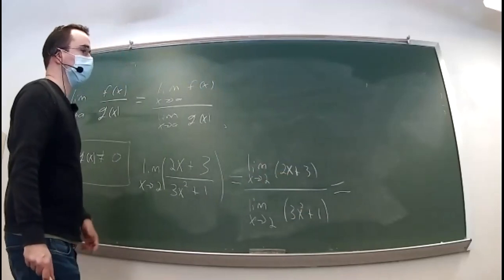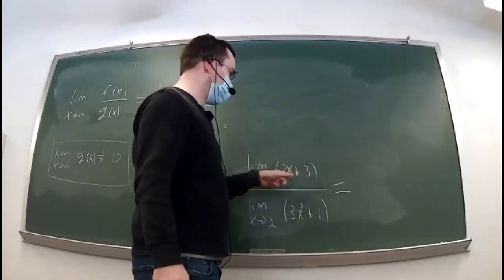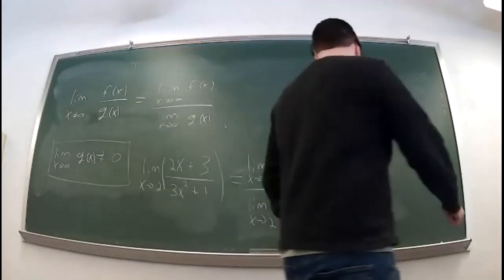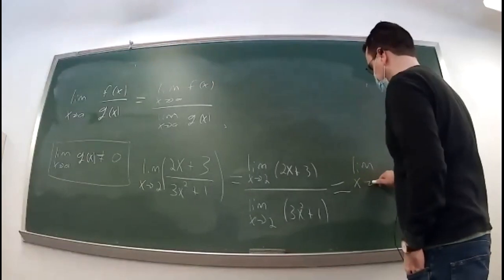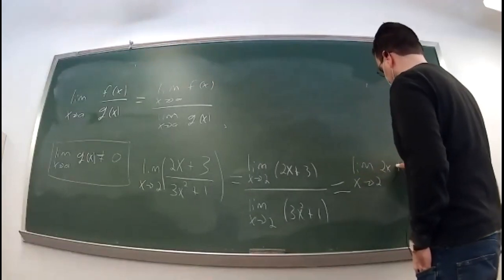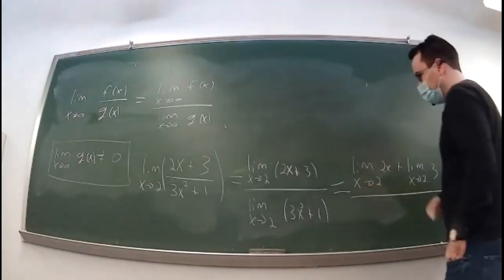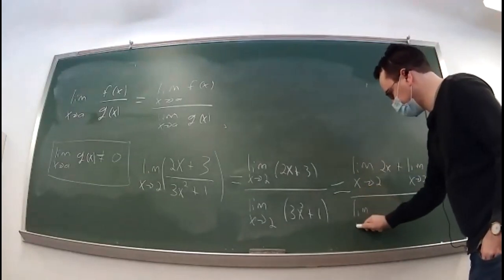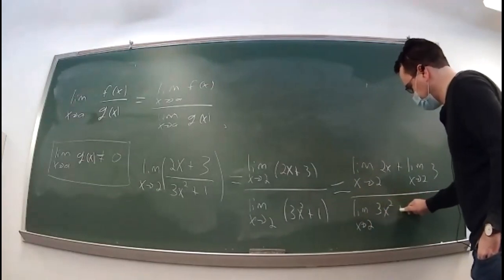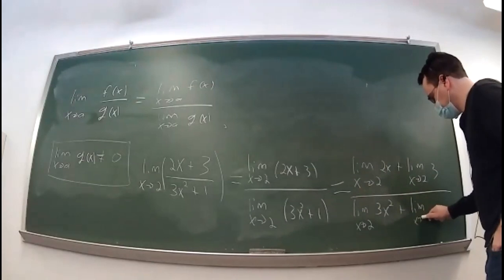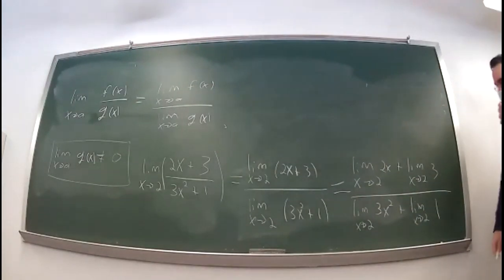But in order to get there, you use a couple more limit laws. You want to use the sum law to break up the sum. So you might write this as the limit as x goes to 2 of 2x plus the limit as x goes to 2 of 3, everything divided by the limit as x goes to 2 of 3x squared plus the limit as x goes to 2 of 1, and then you're almost there.